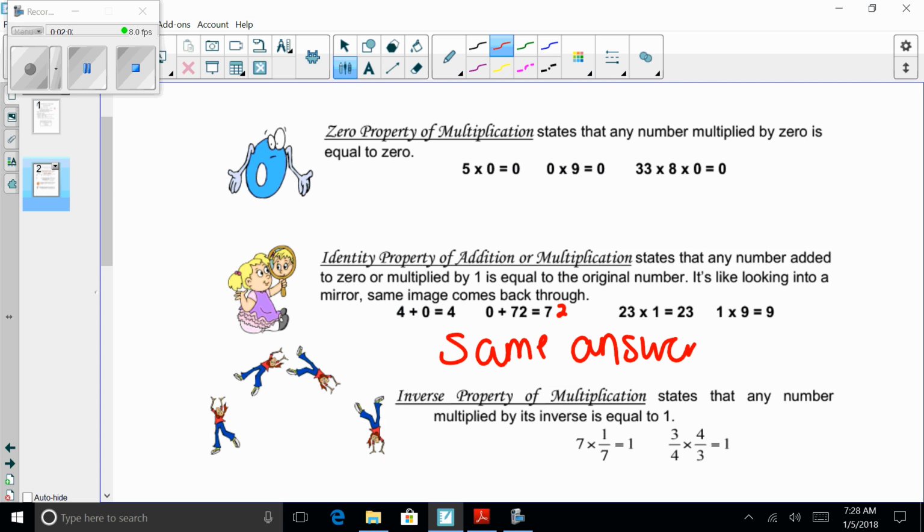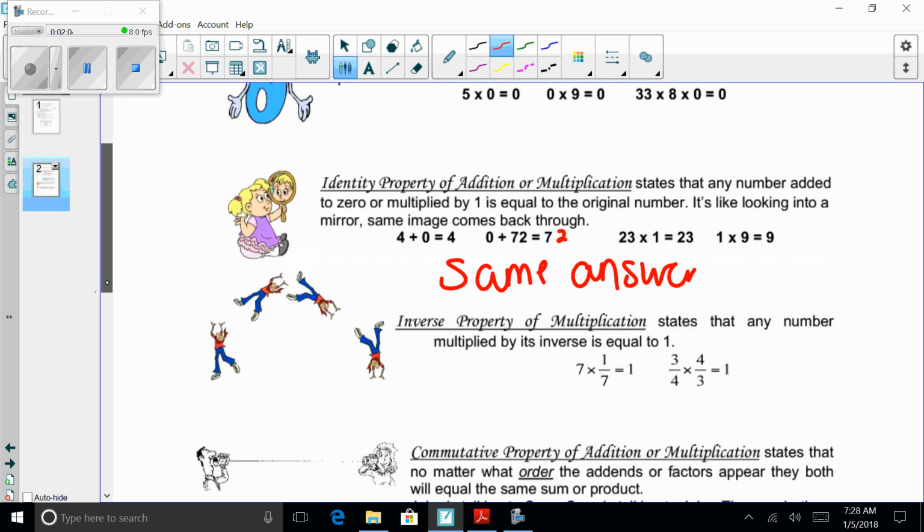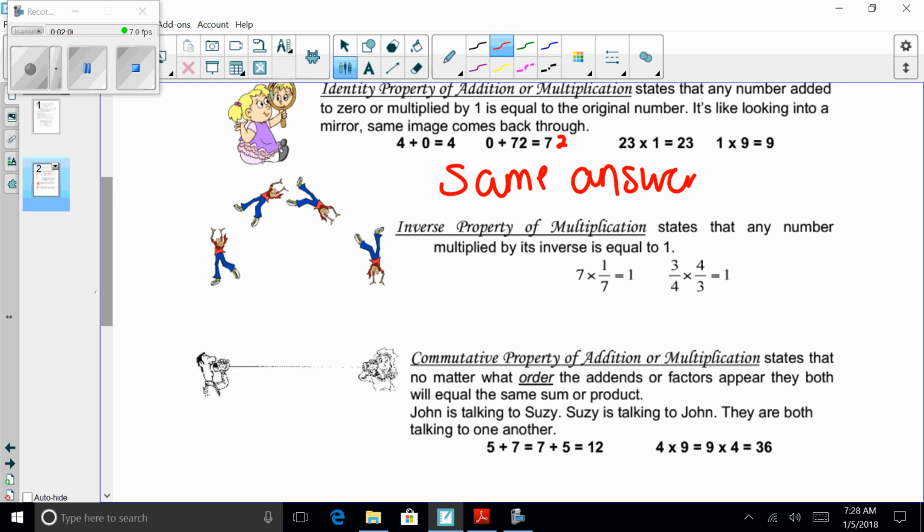That's weird. Okay, if we scroll further, we have the inverse property of multiplication, and that states that any number multiplied by its inverse is equal to 1. We talked about this, and I referred to it as its reciprocal. Remember, a reciprocal is a number written in the opposite way of a fraction.